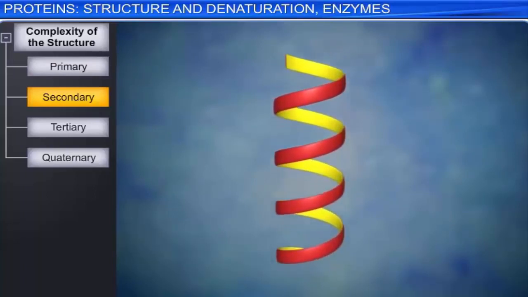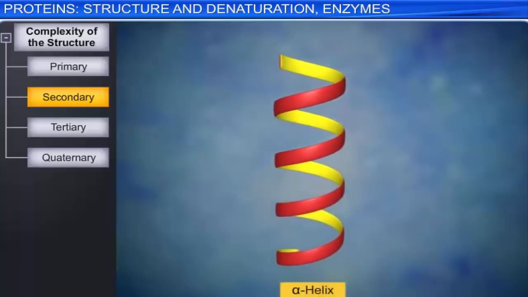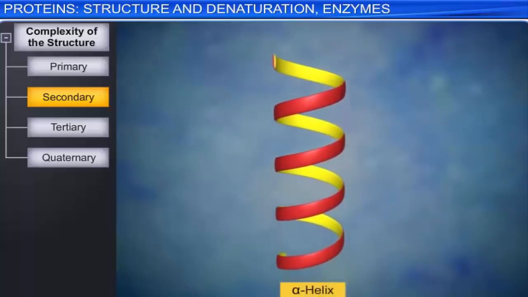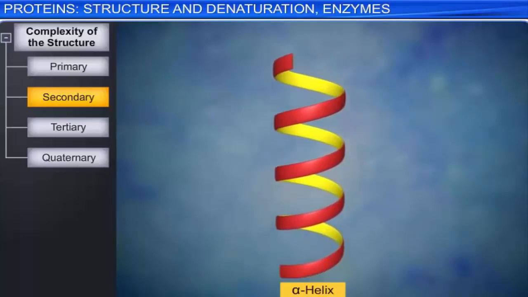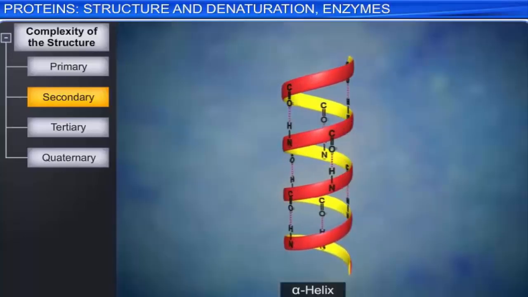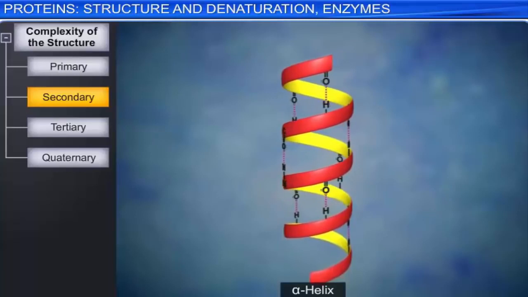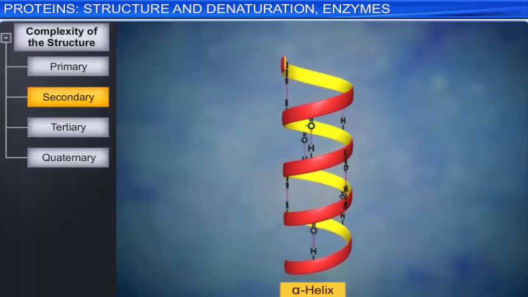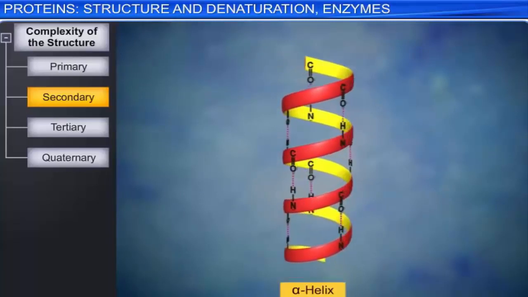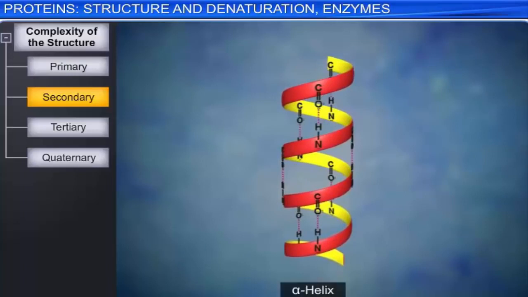One important type of secondary structure is the alpha helix, illustrated here in a ribbon diagram. Each polypeptide chain is coiled to form a spiral structure called alpha helix. The alpha helix is a right-handed helical chain in which the hydrogen bonding occurs between different pairs of the chain to hold the helix together.